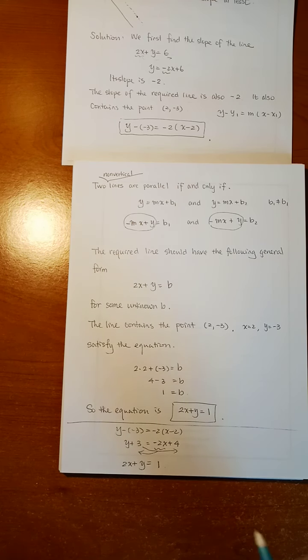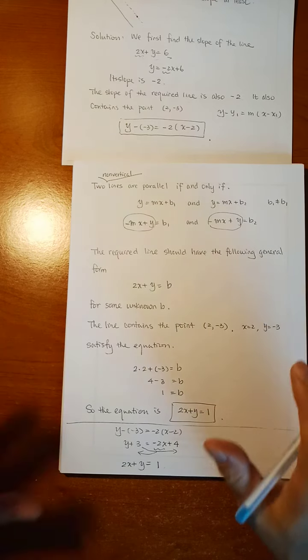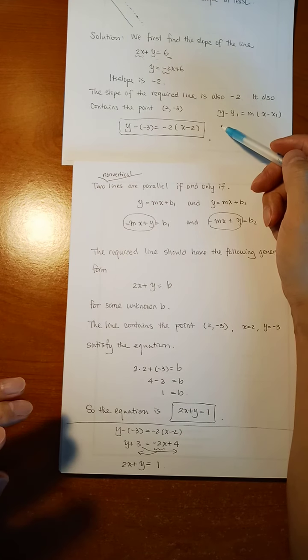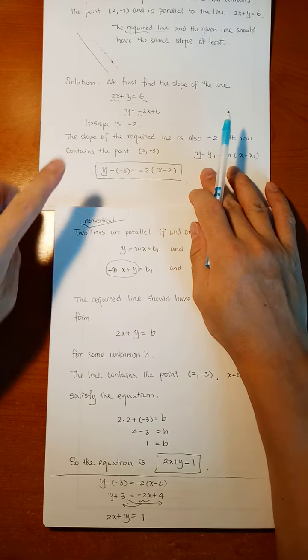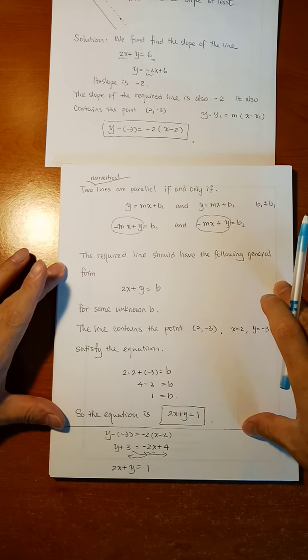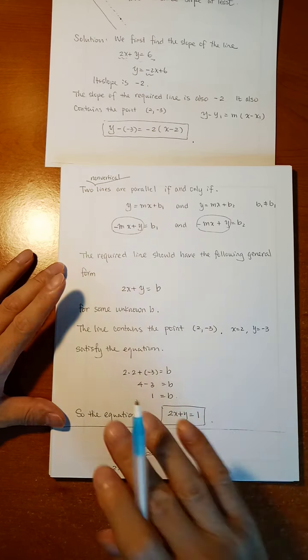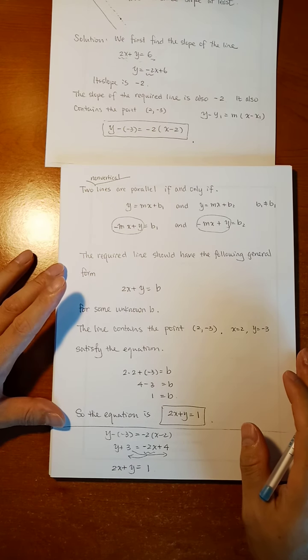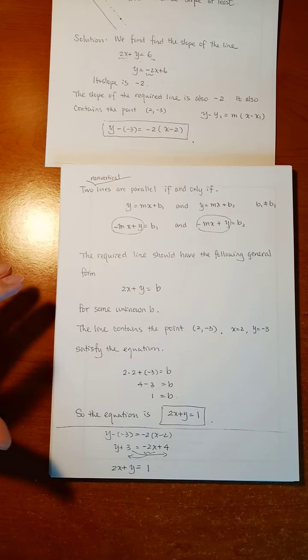So it doesn't matter which method you choose in the exam. If you choose the first method, you should leave the answer like this. Don't simplify it. If you choose the second method, you leave the answer like this. Don't do any other transformation. All right? Is this clear?